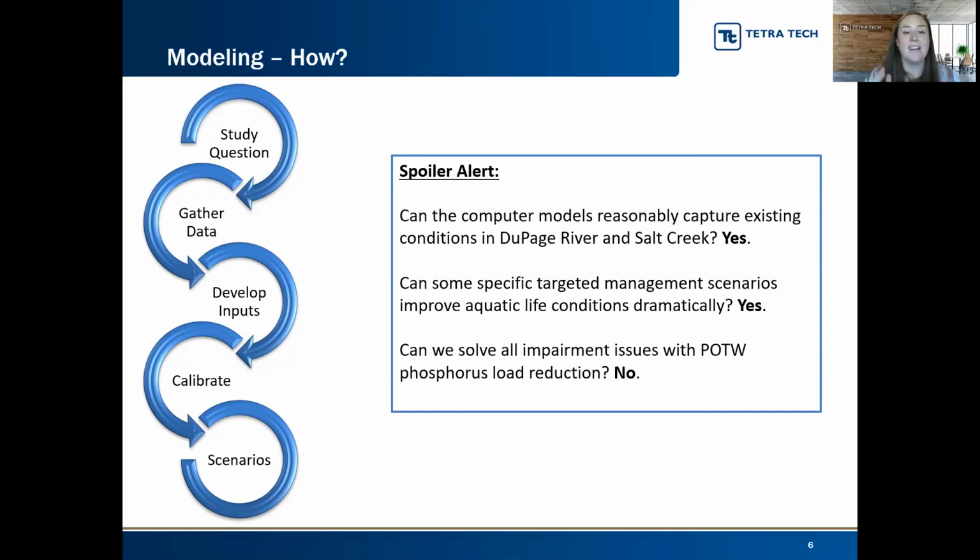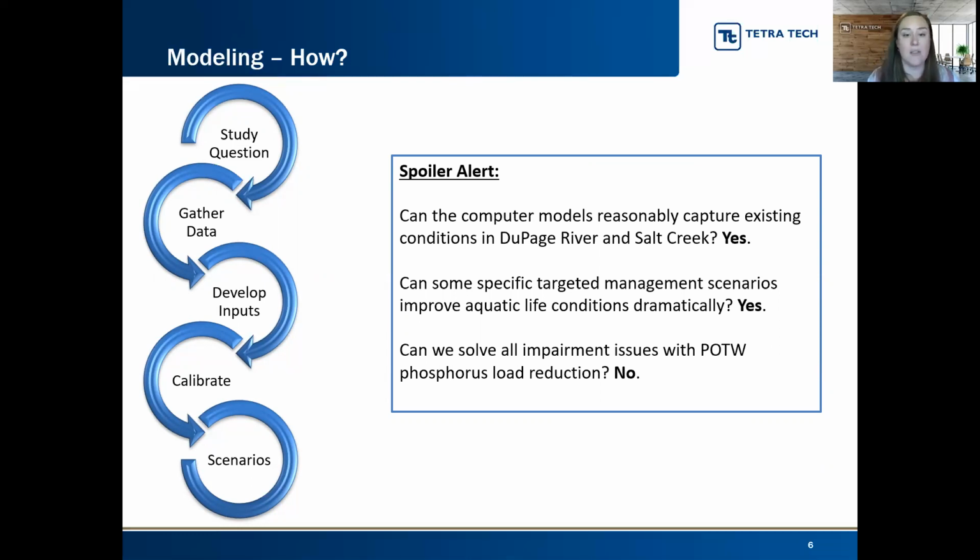Can the computer models that we created reasonably capture existing conditions in the East and West Branch and Lower DuPage and in Salt Creek? Yes, we feel confident that they are reasonable simulations. Can specific targeted management scenarios improve aquatic life conditions in these waterways?